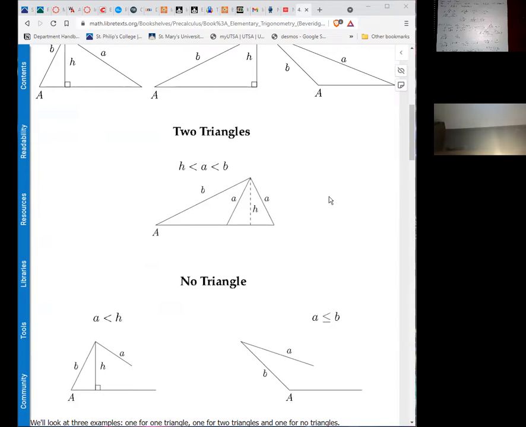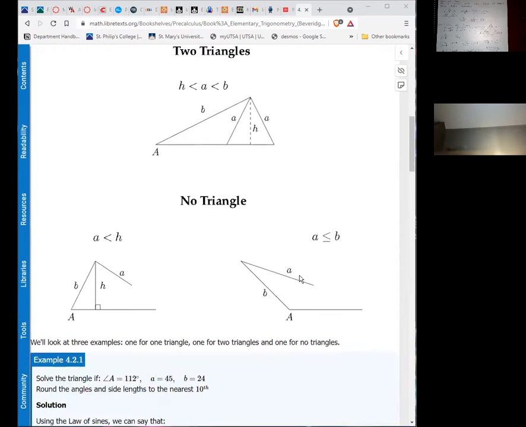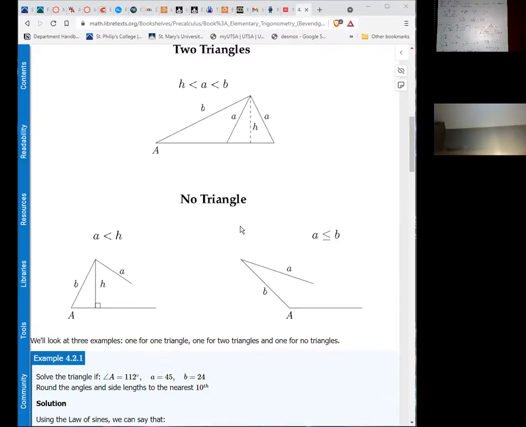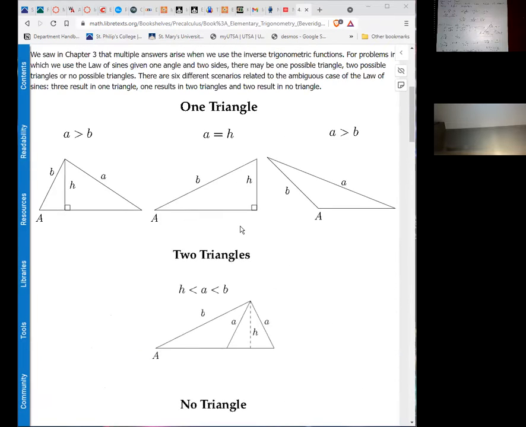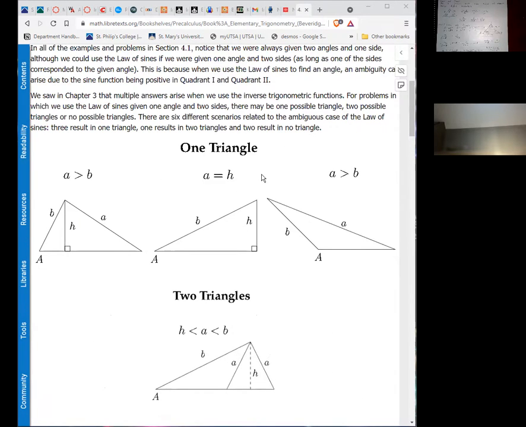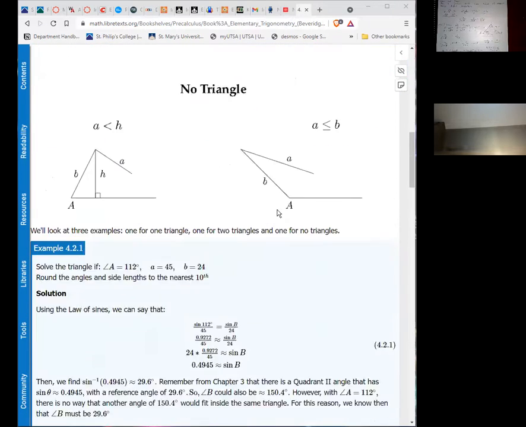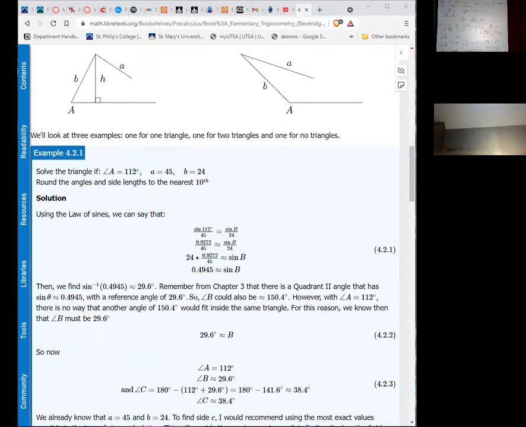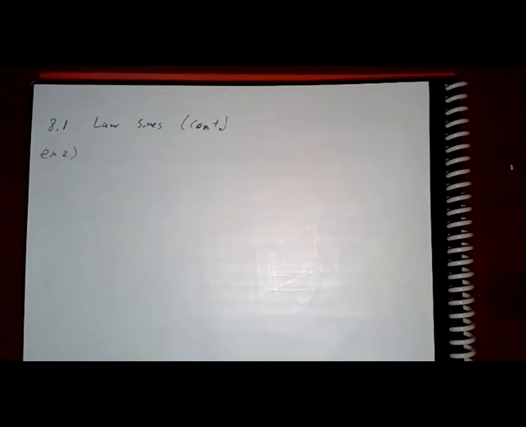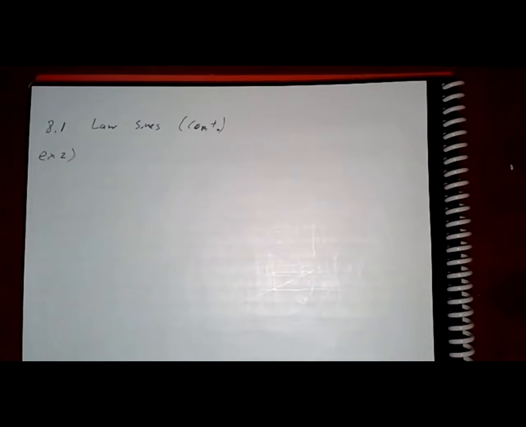Having two is more work. Having no triangle is the best situation because you're done and you move on to the next question. One triangle is okay, I guess. It'll be similar to what we did in the last problem. Okay, so let's do a question. Then I'll give you a brief rundown of what we're going to do.